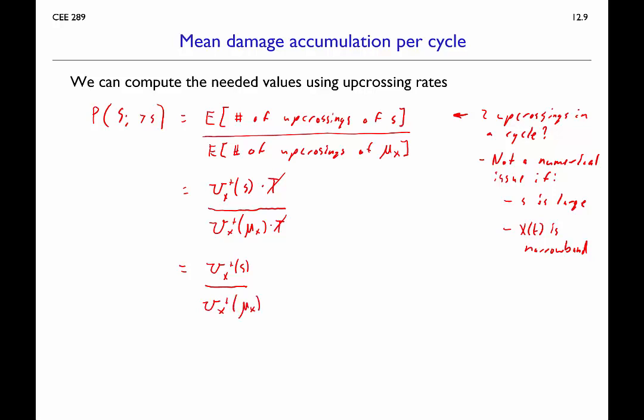Okay, so that's the probability of an exceedance of S. If we want to look at the cumulative distribution function for SI, so the probability that SI is less than small s, that's just going to be 1 minus the probability we found above.